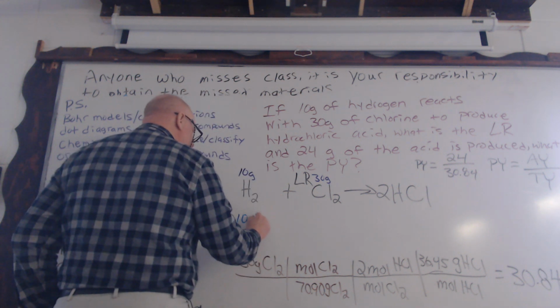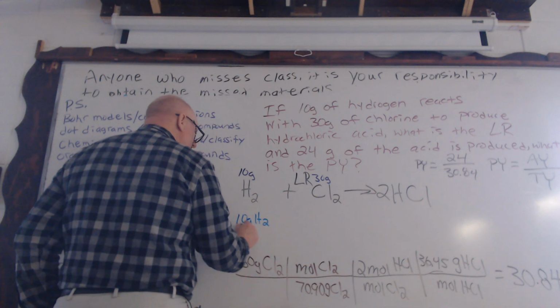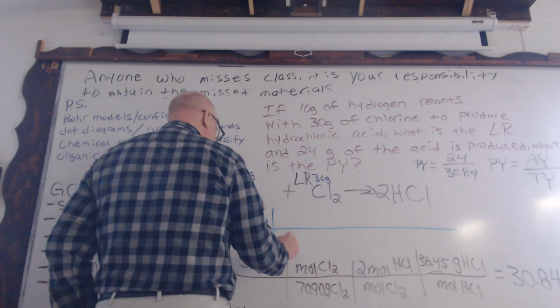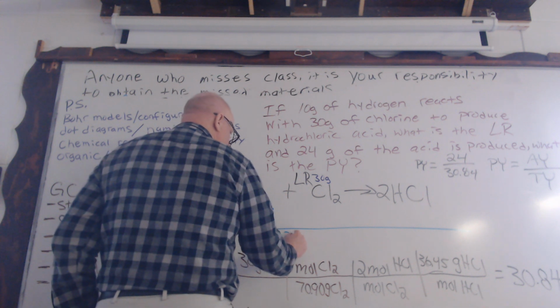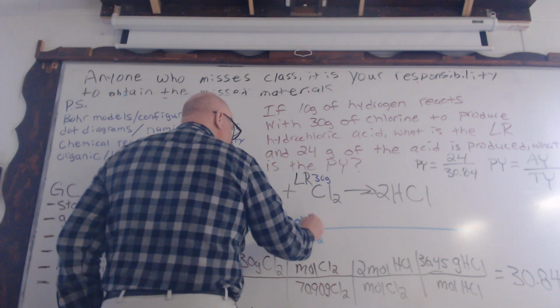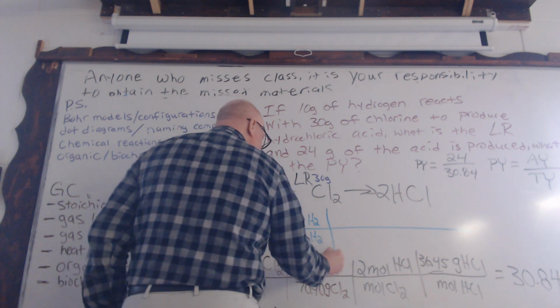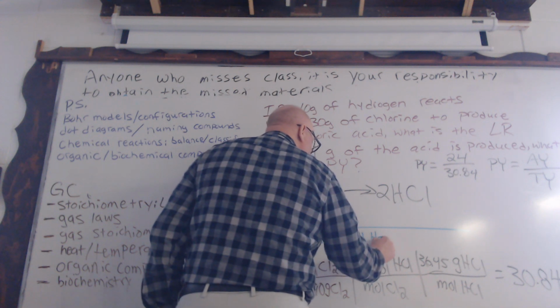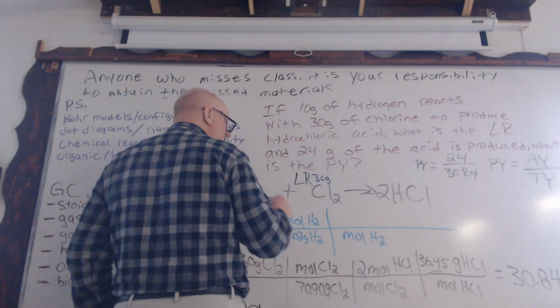10 grams of hydrogen. Okay, we could do 2.02 grams of hydrogen gives us a mole of hydrogen. Then for every mole of hydrogen, how many moles of HCl do we get?